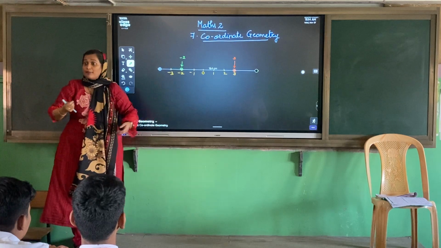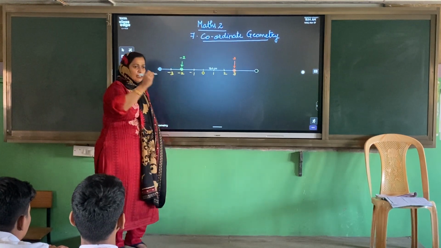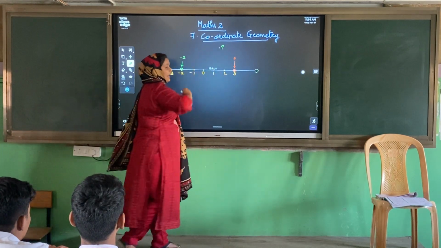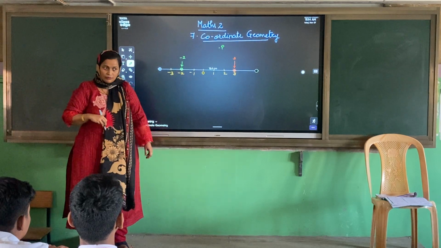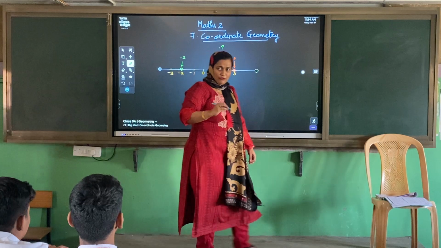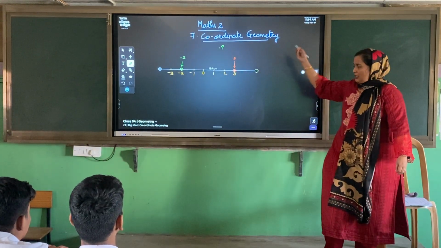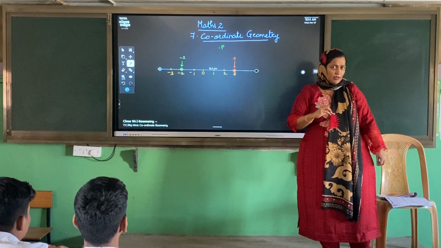And this is a one-dimensional figure. But if I take a point outside the number line, can you tell me which point this is? If I mark the point P outside the number line, can you tell me what is the number where P is lying?